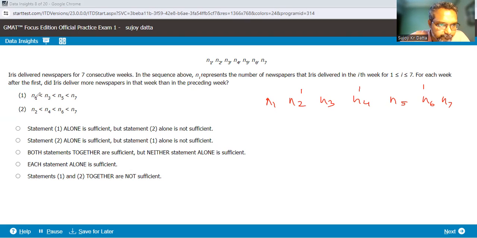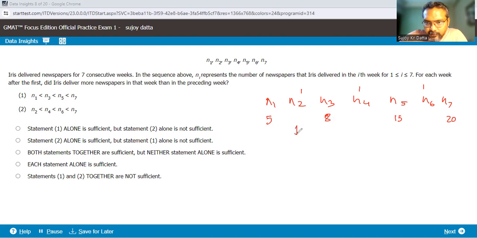Now combining both. N7 is the largest, so let's put it at 20, for example, randomly. N5, N3, and N1. N5 is, let us say, 15. N3 could be, let's say, 8. N1 could be, let's say, 1 or maybe 5. So 5, 8, 15, 20. And N2 is less than N4.